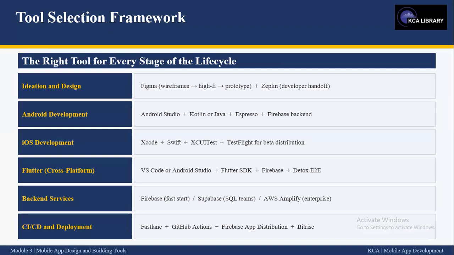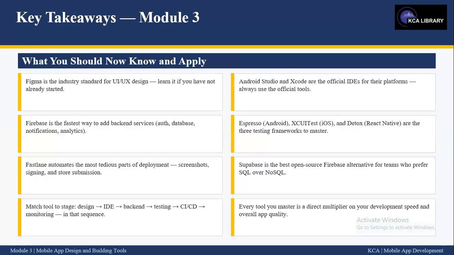Design tools such as Figma are used during the ideation phase, followed by IDEs for development. Back-end services support data and authentication, while testing tools ensure application quality. Finally, CI/CD tools automate deployments and monitoring. Matching the right tool to each stage is essential for building scalable and maintainable applications.